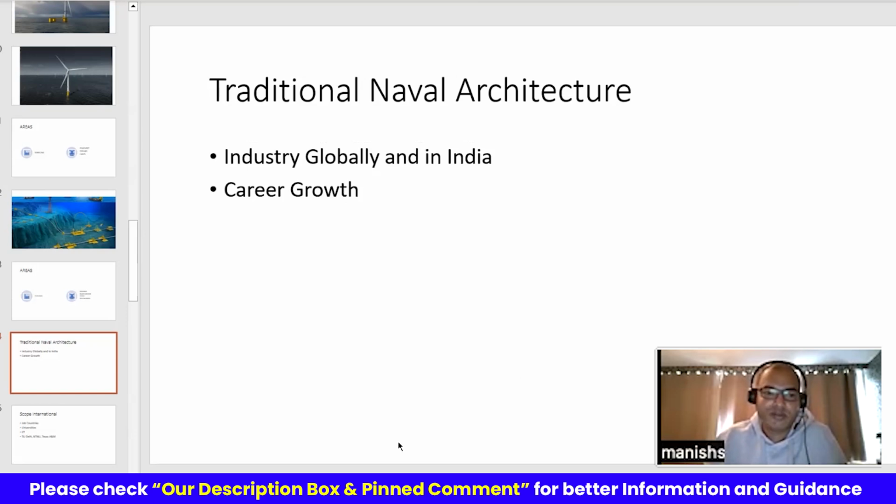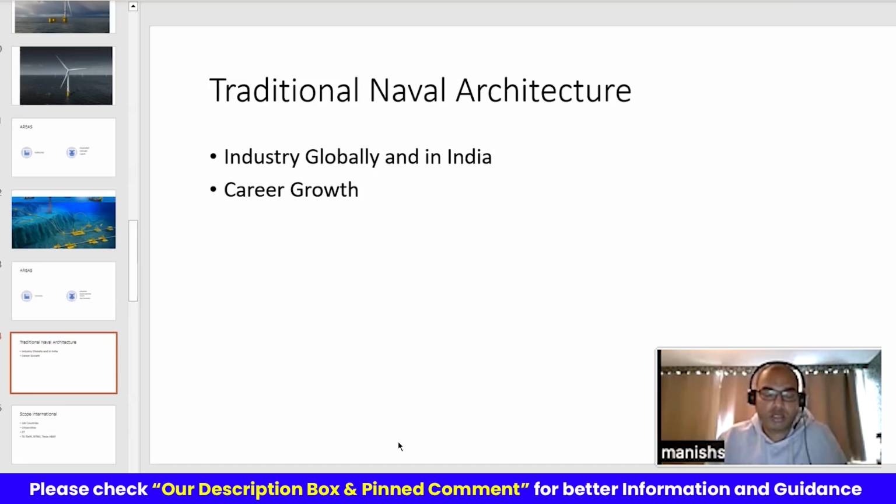They will have much more coming, and those naval vessels, like we saw the aircraft carrier being built in Cochin Shipyard, India will prefer to have in-house because you don't want to depend on other countries, and you don't want other countries to know a lot of classified information. So naval shipbuilding is going to get a boost in India.